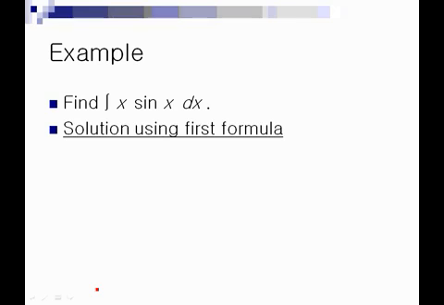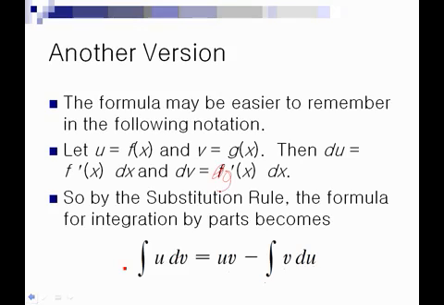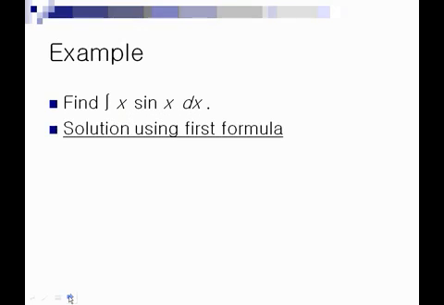So let's take a look at this one. Actually, we want to get rid of this x factor, right? So we want to take the derivative of x to get rid of it. So we want our x to be our u. So u should be x, and our dv should be sine of x dx.